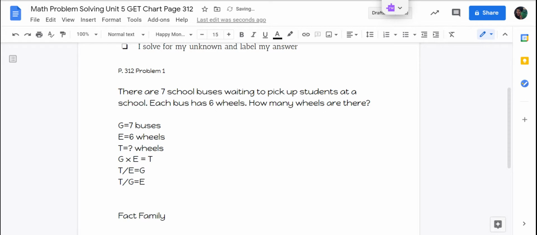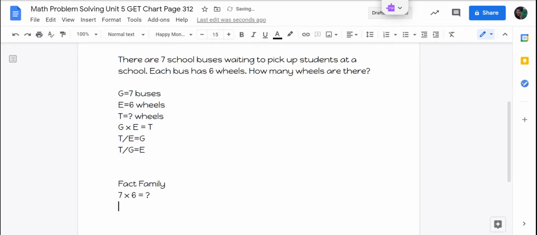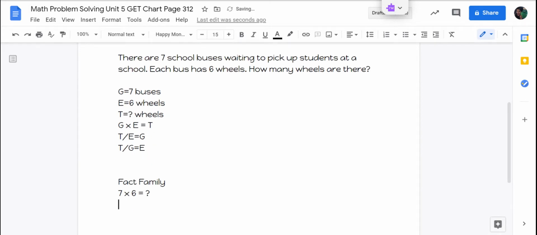What is the first equation in my fact family? Eldar. 7 times 6 equals unknown. Good. Another fact in my fact family. Tim. Equals what? Right now it's still my unknown. What's another equation in my fact family?